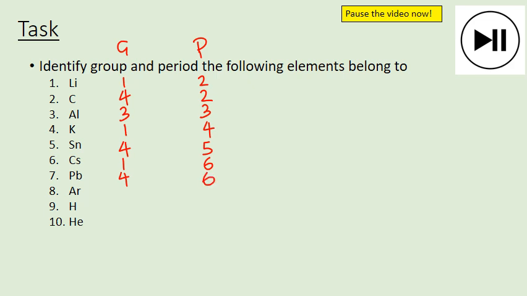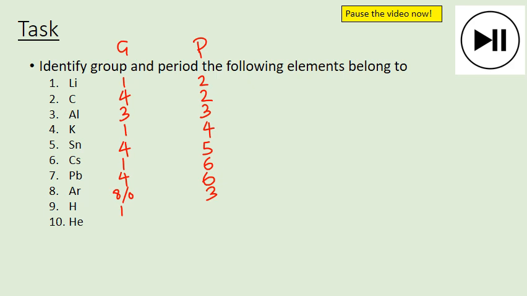Argon is in group 8 or 0, I'll accept either or, and it's in period 3. Hydrogen, group number's funny here actually, which is why it tends to float, but I'm going to say group 1 because it does have 1 electron in the outer shell. The reason you'll see it floating is because it doesn't belong with the metals, because it's not a metal.